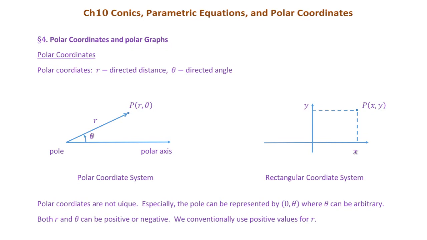So the coordinates of any point on a plane are defined by the distance to the x and y axis from the point, right?